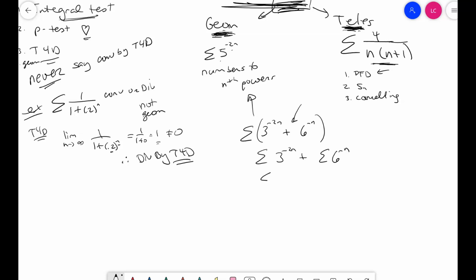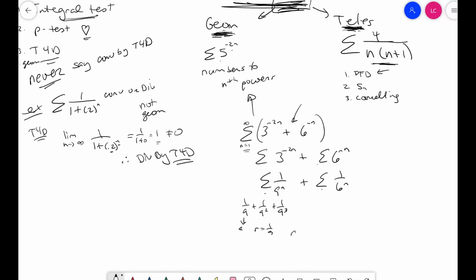Then find for each of them what the number to the nth power is, right? You need to find the r, and I'm not writing the n equals 1 to infinity. After you write it down the first time, it's okay not to write it for the rest of the times. You do need to keep in mind what it is, especially when you're writing out the first 3 terms, right? To identify the a and the r. So this is a, and so r must be 1/9.